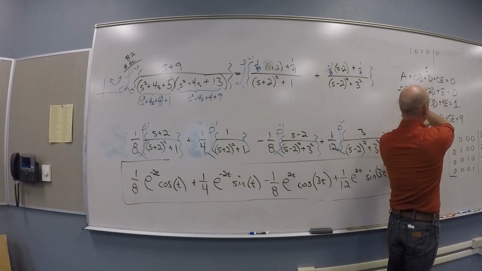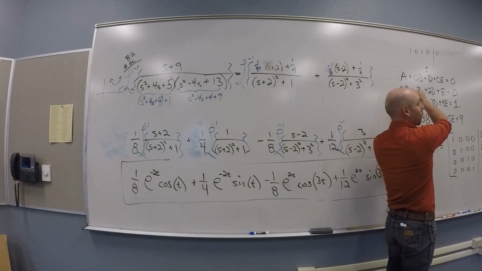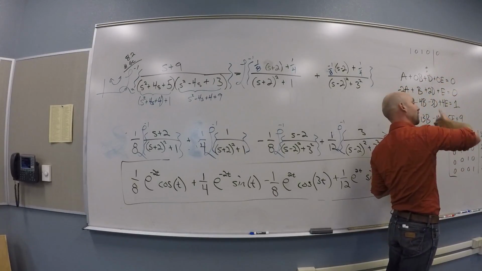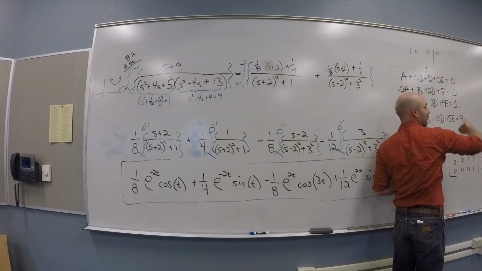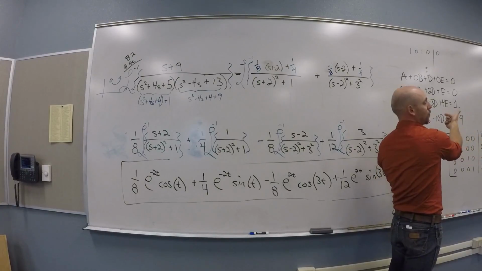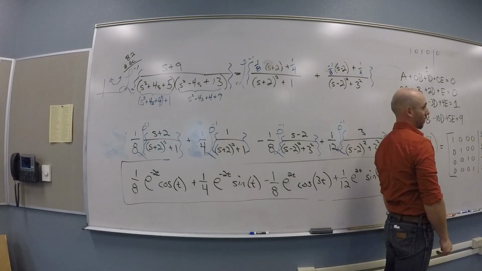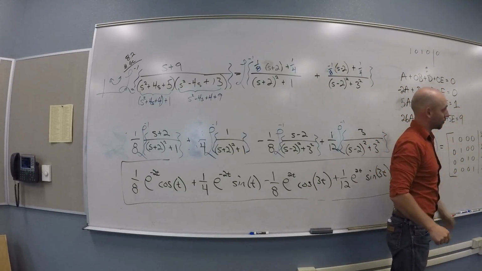If you've got your A's and your B's in the wrong spots, put them in the right spots before you put them in the matrix. It uses the columns to keep track of the A coefficients, B coefficients, D coefficients, and E coefficients. If you put them in the wrong spot, you're actually switching the coefficients. And that'd be a 4 by 5 then? This would be 4 rows and 5 columns.